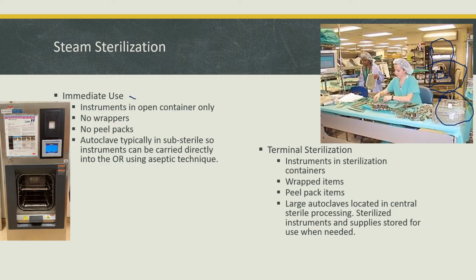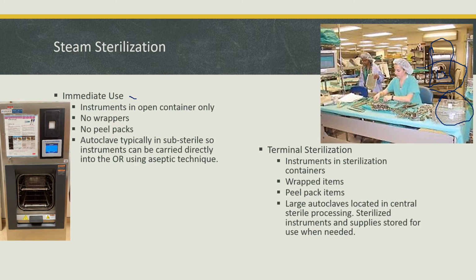Immediate use sterilization, as we see here on the left, is a little bit different. These immediate use sterilizers are typically found in the substerile room in between two ORs or near to connecting to the OR.